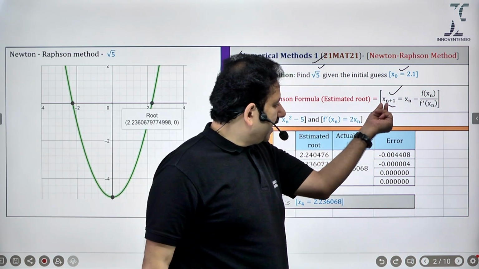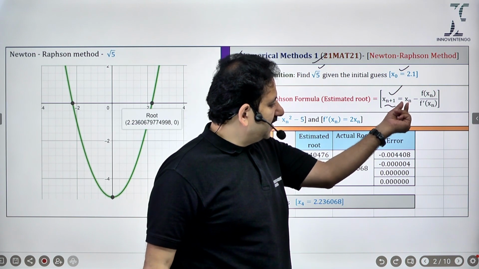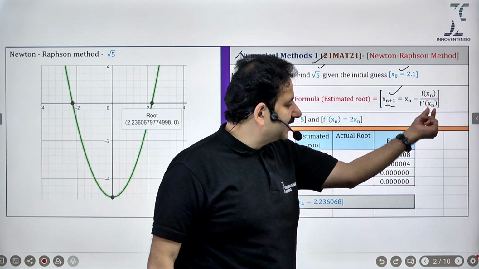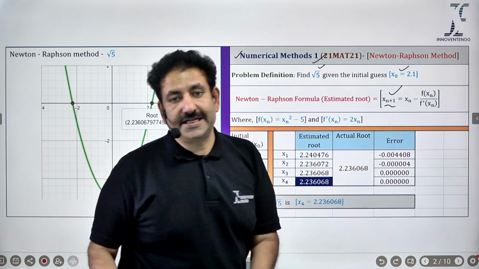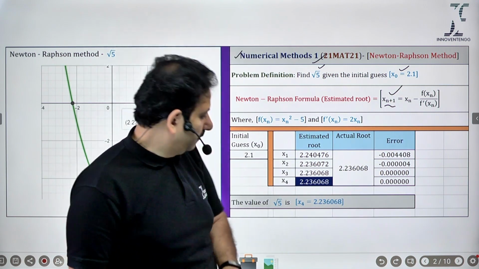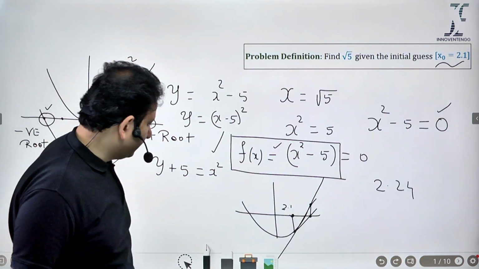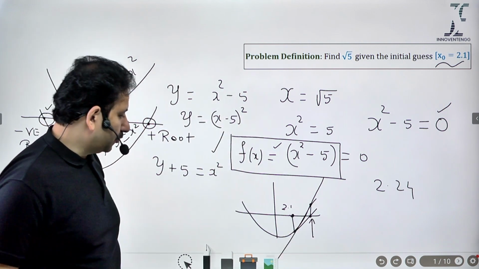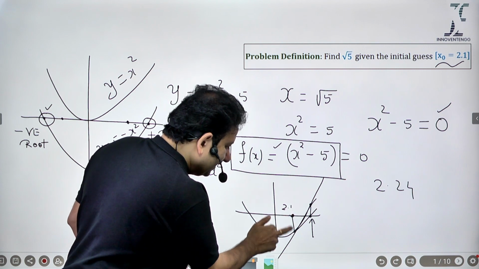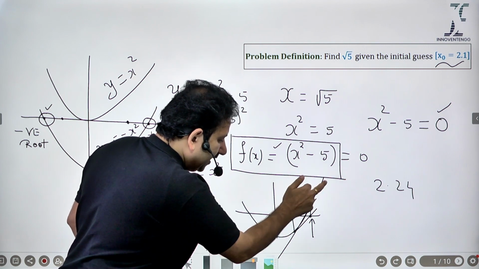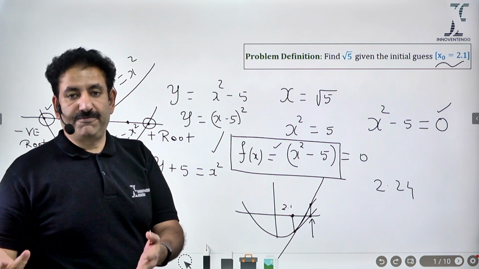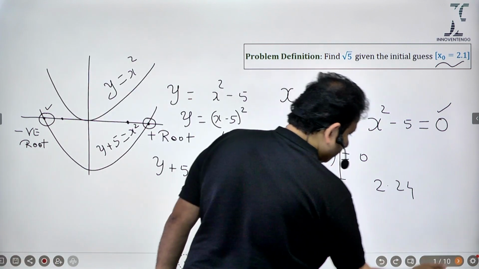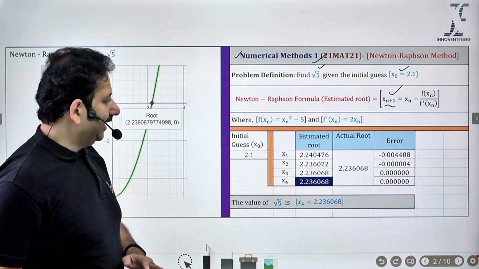Remember, if you put n is equal to 0, this becomes x naught, the initial guess. That means you are getting the first estimated root. If you go back and see what is that first estimated root, this is the first estimated root that I am talking about. Because this is the initial guess, drop a vertical, draw a tangent, wherever it cuts, you get your first estimated root. Is that absolutely clear?